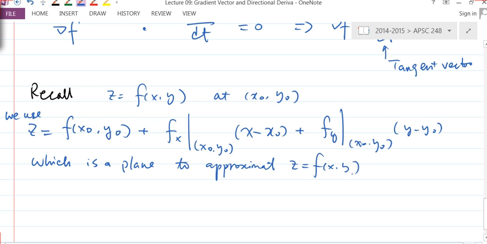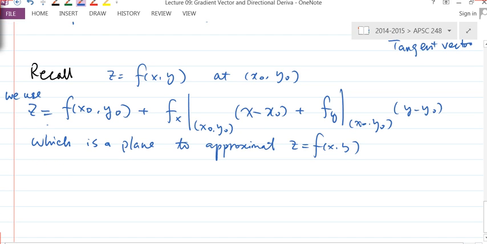Now, if you recall in the first lecture, you probably wondered, is that a plane? Yes, it is. I had to rewrite it to make it look more like a plane. You can basically move everything to the same side.